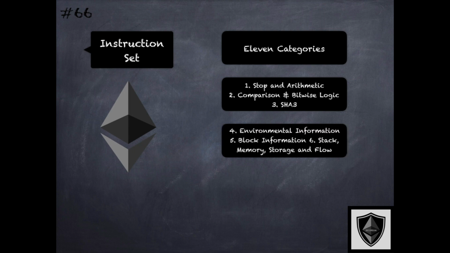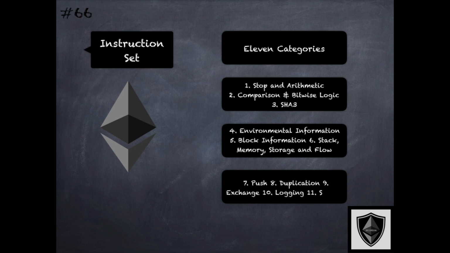There's environmental information, block information, stack, memory, storage and flow operations, push operations, duplication, exchange, all of which operate on the stack. Then we have logging instructions, and then finally we have the system operations. Now let's take a look at each one of these categories and see what instructions they contain.